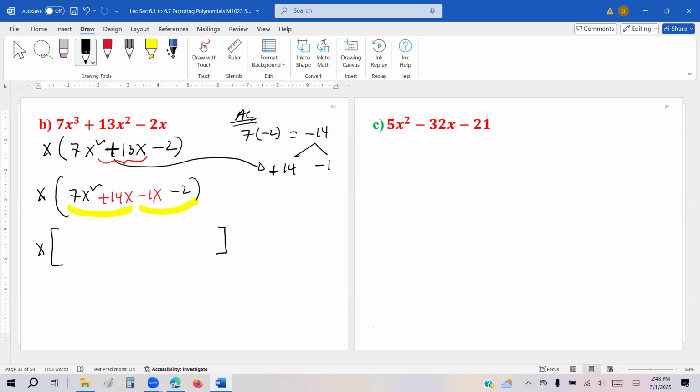So we look at the first group. What do you have as a GCF in the first group? Definitely 7 from 7 and 14. And from x squared and x, what's the GCF?